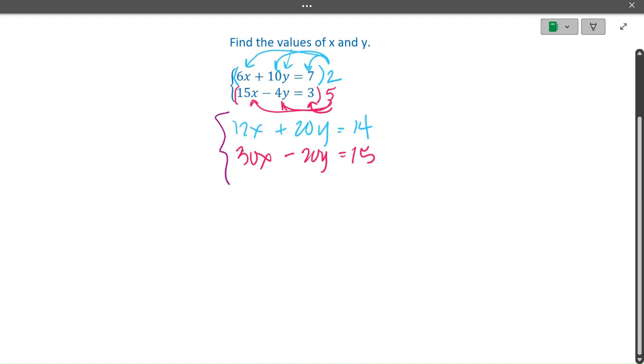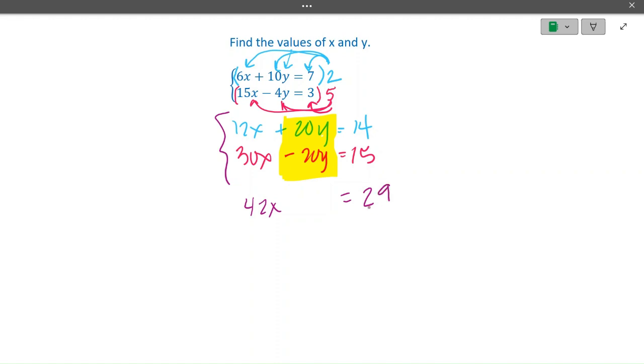So 12x plus 30x, and I'm adding because 30 is positive, is 42x. Like we planned, these two terms equal 0. So excellent, we did that right. And then we have 14 plus 15, which is 29. So x is equal to this wonderful number, 29 over 42.